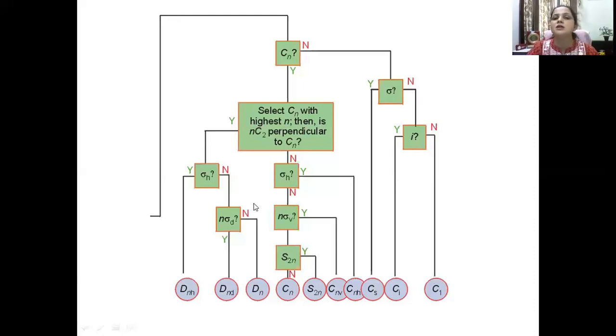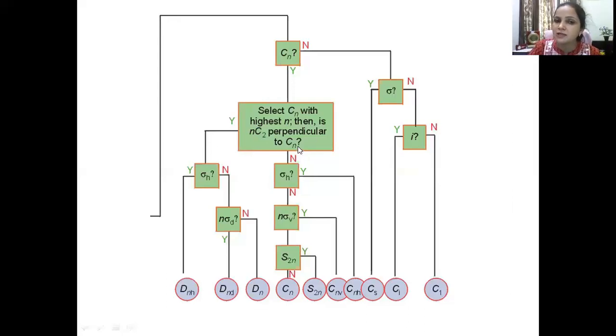Now, I am coming again to the Cn axis, where the molecule is possessing a rotation axis. If the rotation axis is possible, then we check whether any other highest n axis is possible in that molecule, or whether there is a possibility of a perpendicular C2 axis to the Cn. Cn means your principal axis.